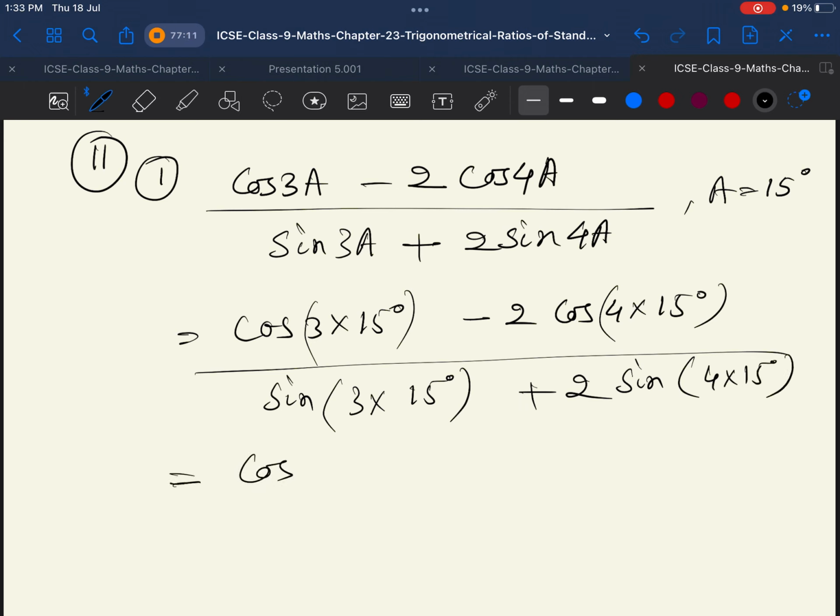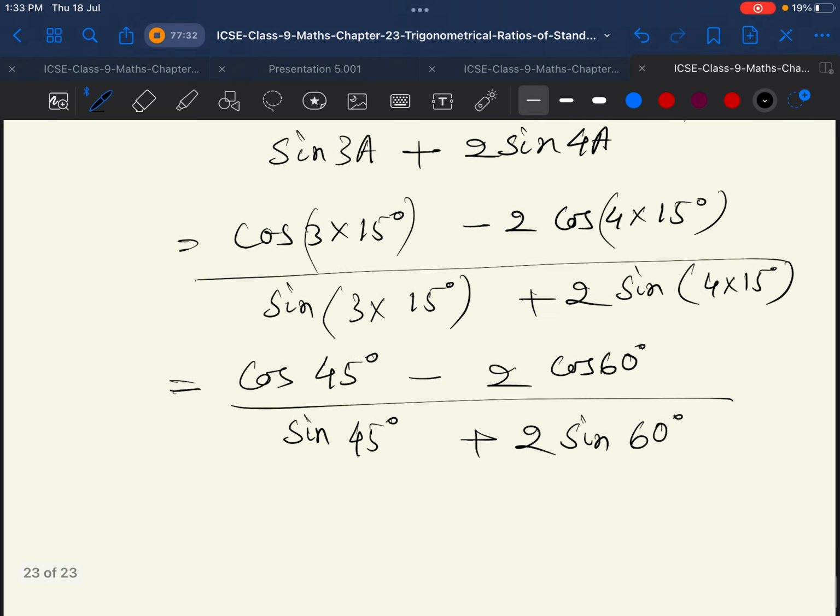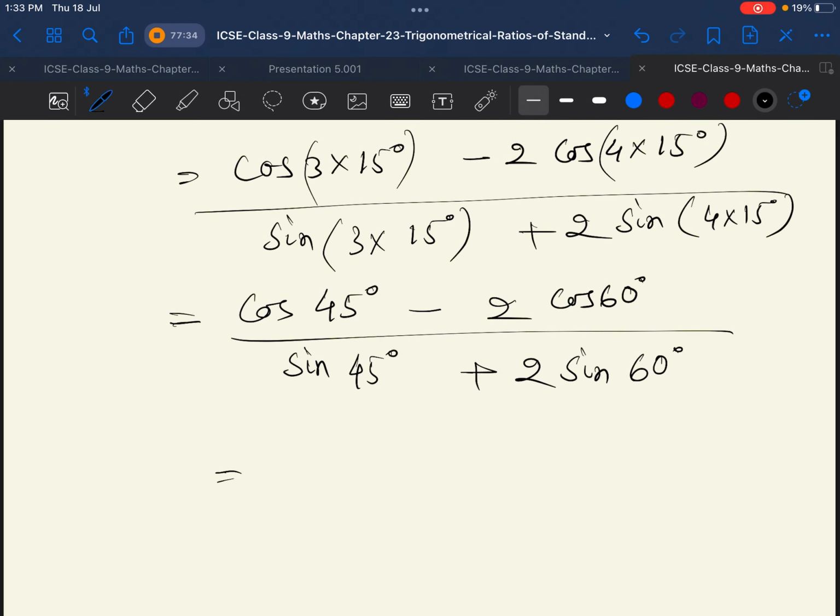Okay, so we can write cos of 3 into 15, 45, minus 2 cos 4 into 15, 60, by sin 3 into 15, 45, plus 2 sin 4 into 15, 60.